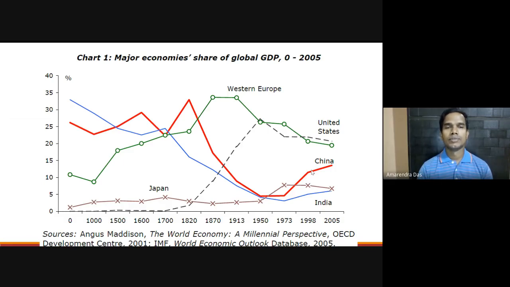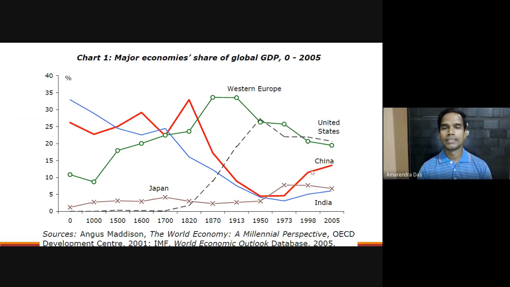If you see the graph, the decline was at a slower rate till about 1700 AD, and then after 1700 AD, the fall was drastic till 1973.